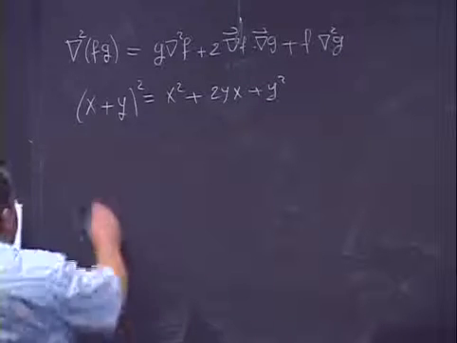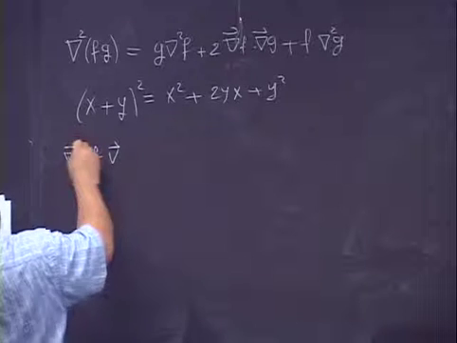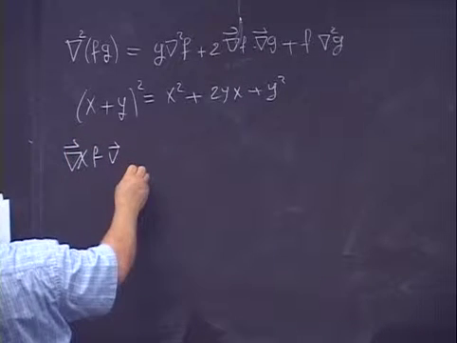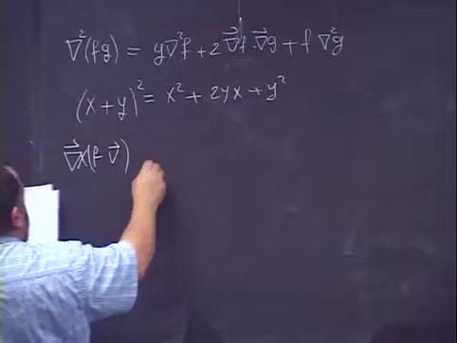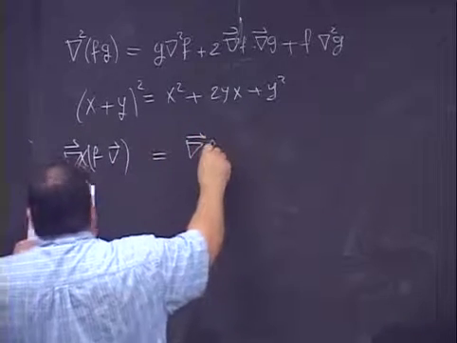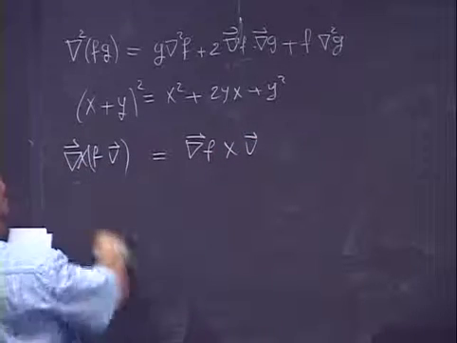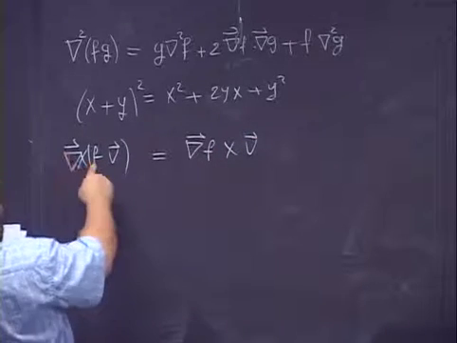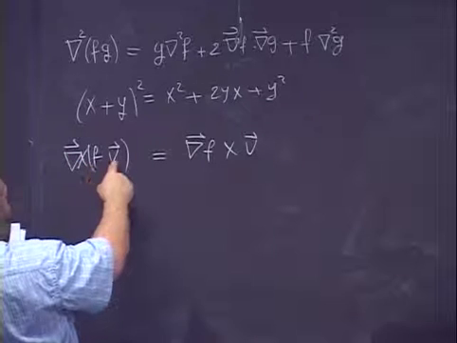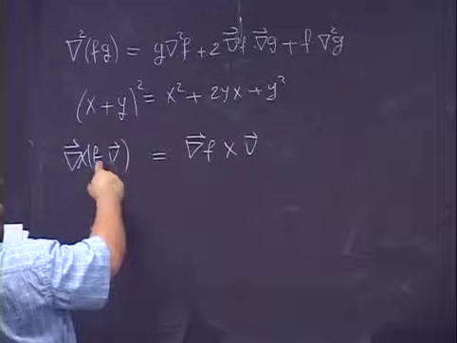So now the curl of f v is equal to gradient of f crossed with v, plus f curl v. So you operate this over the first multiplied by the second, and then the differentiation of the second multiplied by the first.